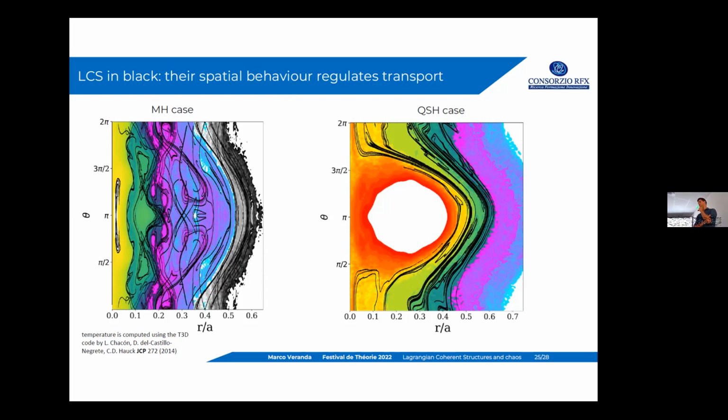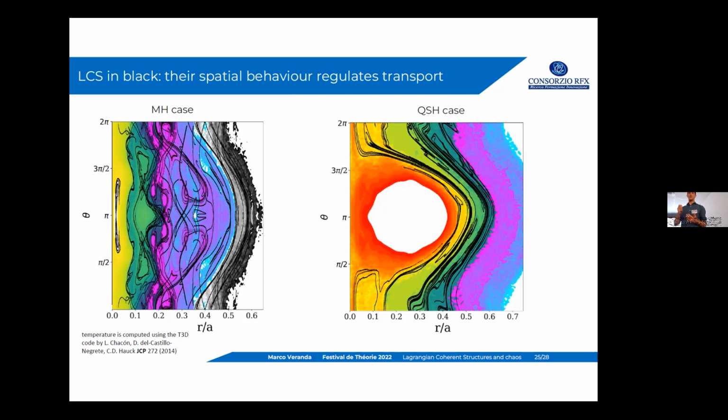But yes, this topic is important because for now we computed this Lagrangian Coherent structure for magnetic field lines. Of course, this is true at the zeroth order because we know that particles are not following magnetic field lines in the strictest way. There is some finite gyro radius.